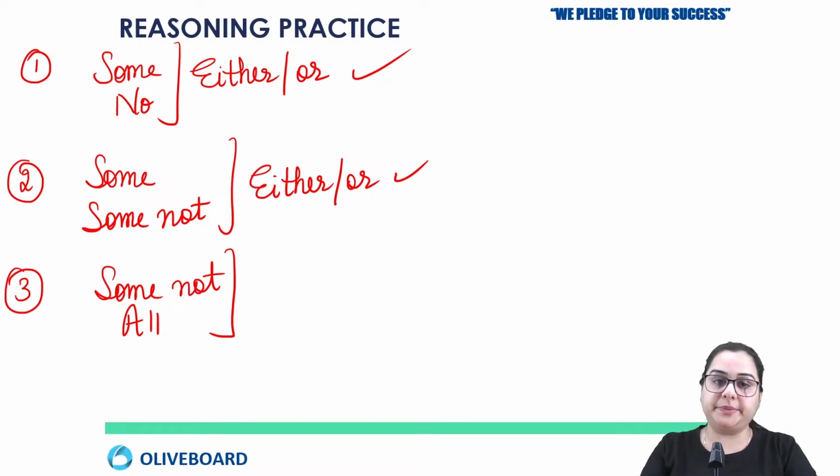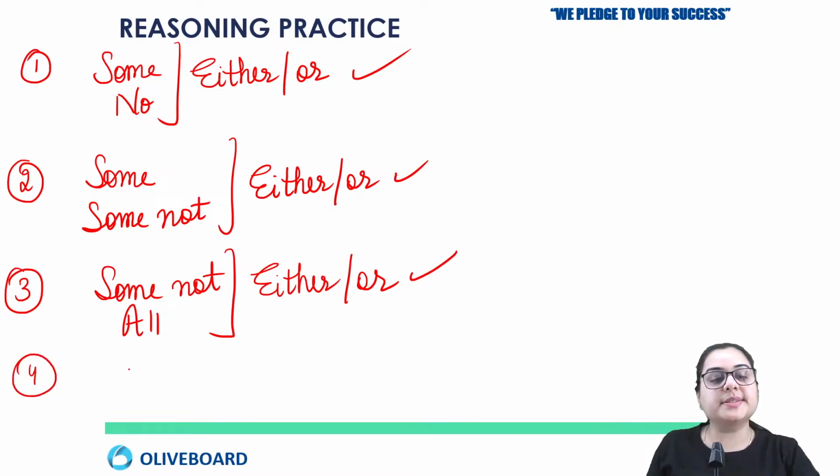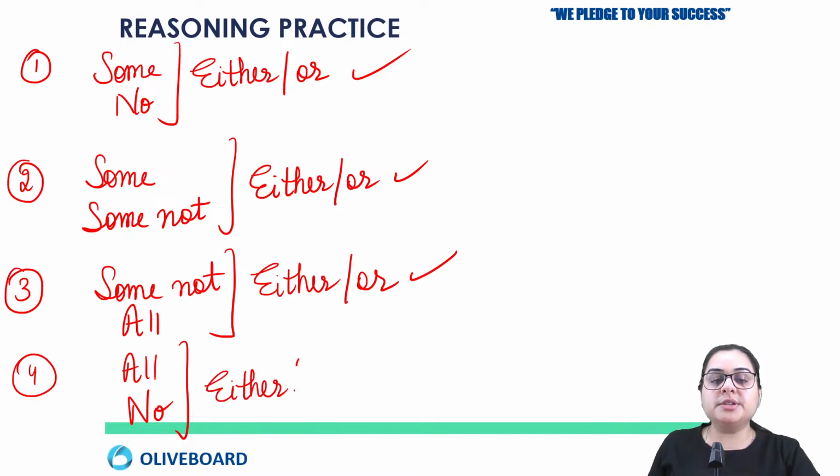Yes, that we can do. And the fourth situation is, can we mark either or between all and no? Now, if one conclusion is all and the other is no, I cannot mark either or. So I hope all this is clear to you, where we can mark either or and where we cannot.